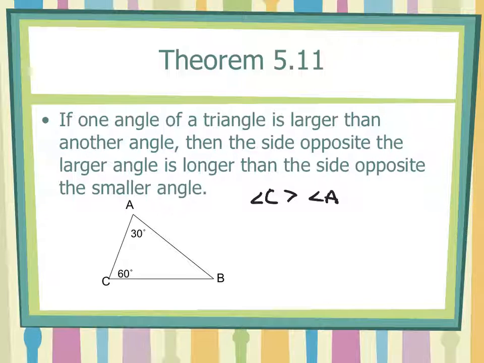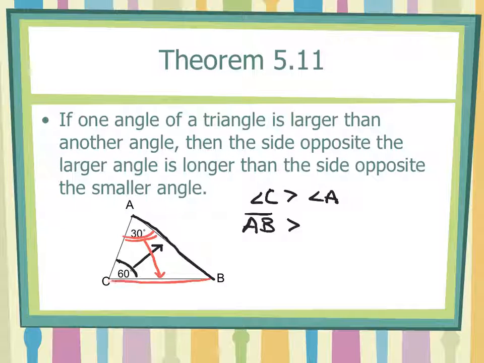So if one angle of a triangle is larger, here's angle C, is larger than another angle, then the side opposite the larger angle, here's the side that is opposite the larger angle, this one must be greater than the one that is across from the smaller angle. Here's the smaller angle, across from it is BC, or CB, whatever way you want to write it.